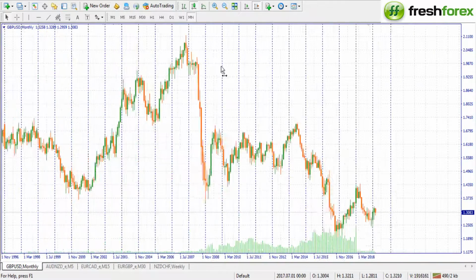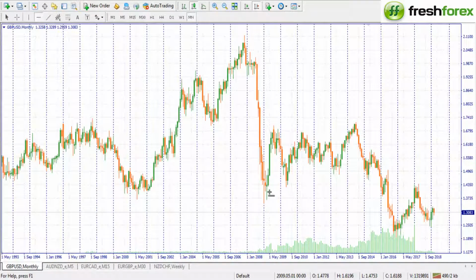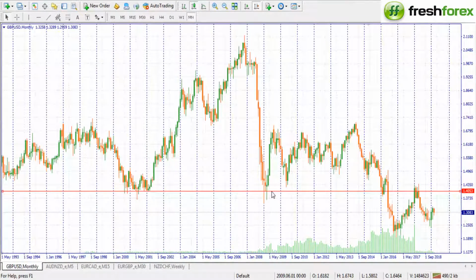So you have this as a level here. You can see this was since when? This was since 2001. But if your chart goes back to 1993, then you'll be able to see that the same level was used in 1993 as a key support.